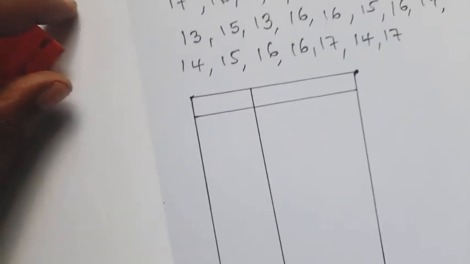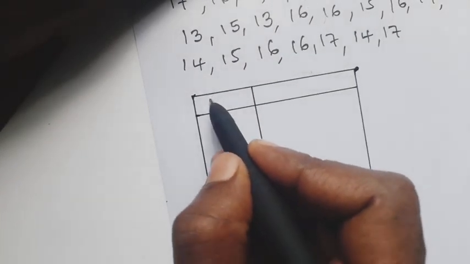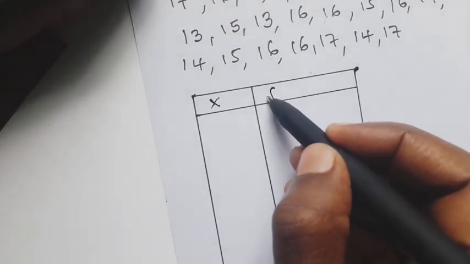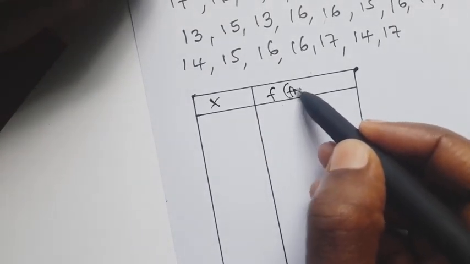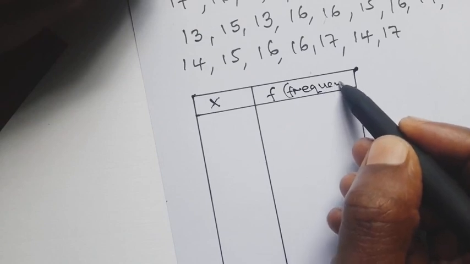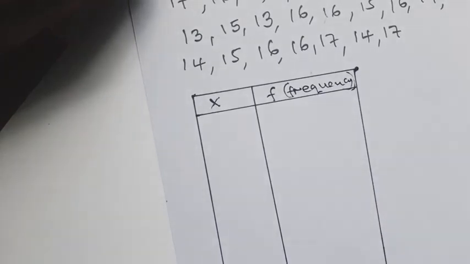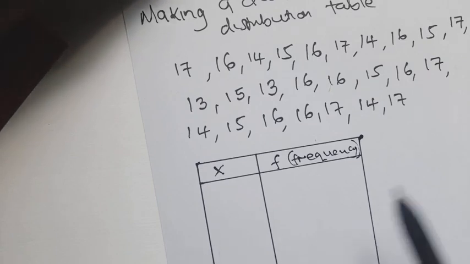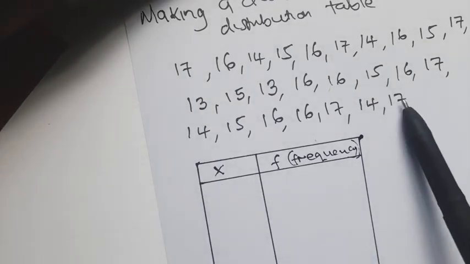This column here are x values. We are assuming these are x values, and we shall have their frequency f.